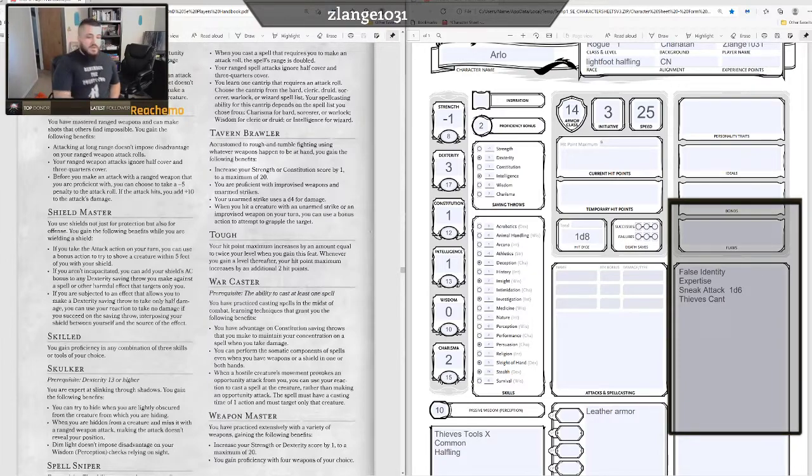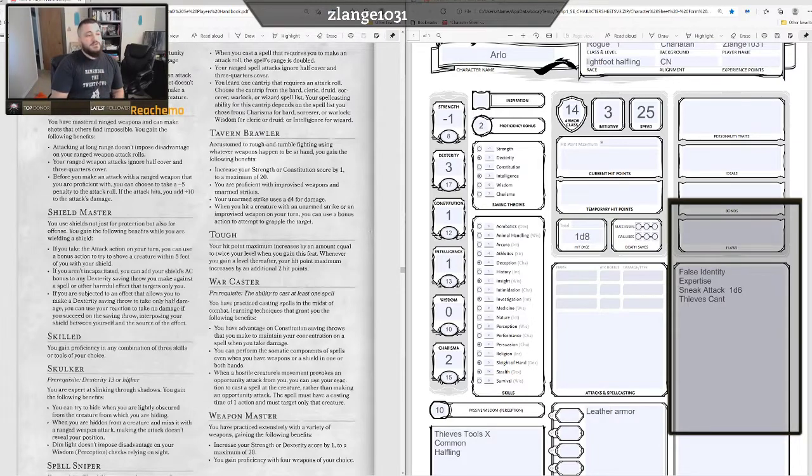So what that means is all ranged weapons and ones that can be thrown have two ranges. You have what I like to call your max effective range, which means you can easily, let's say I'm using a longbow, the max effective range on a longbow is 150 feet. I can easily, no problem, make a 150-foot shot. Then you have your max range, the max range that bow can fire.